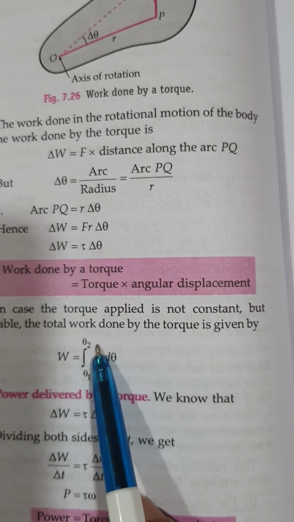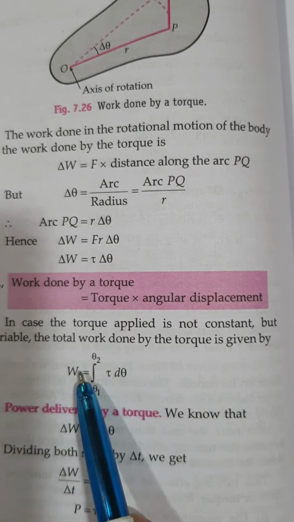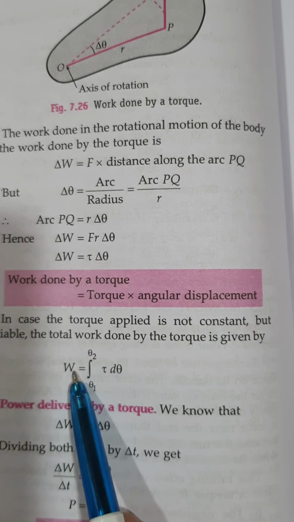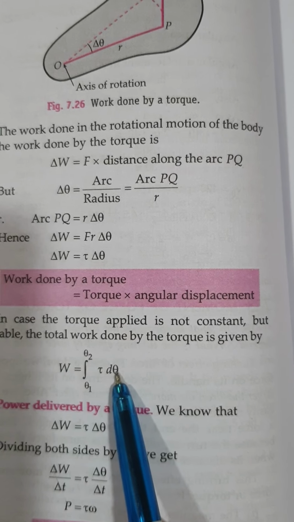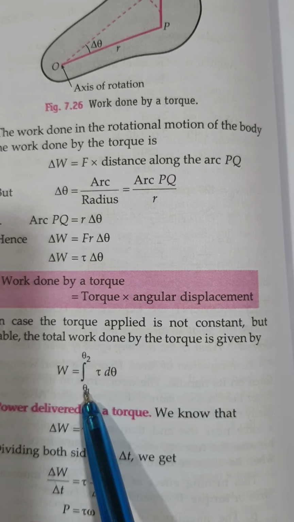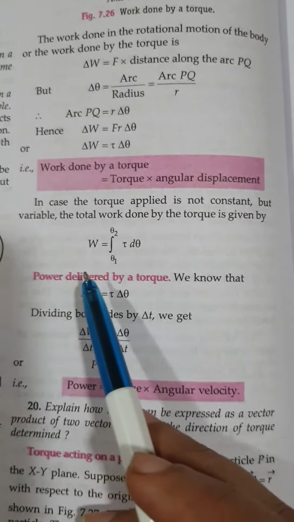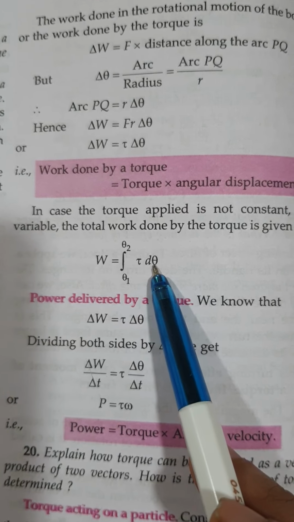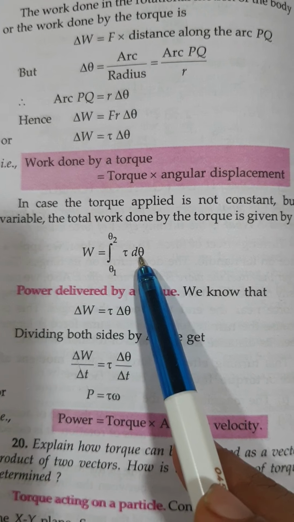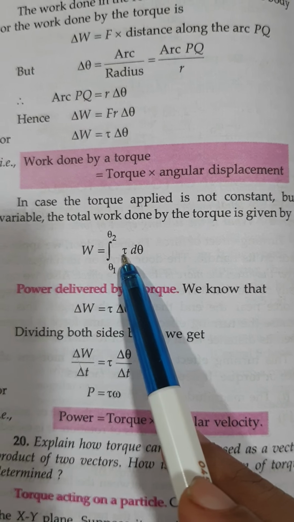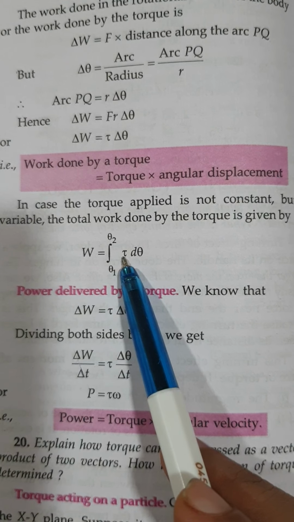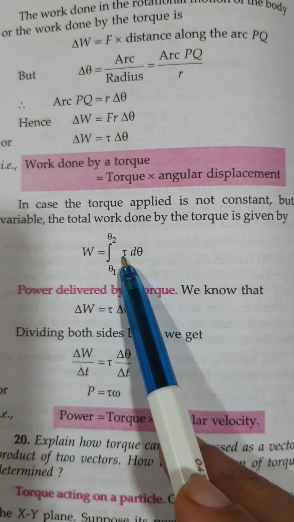The same thing we were writing here in linear motion. The work done, you know, is the integration of f dx, limits x1 to x2, right? So linear displacement x, angular displacement theta, force F. In rotational motion, force will be replaced by torque.